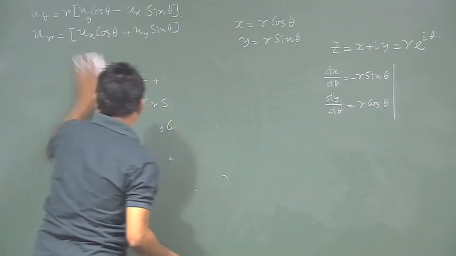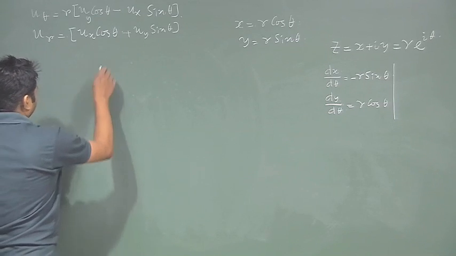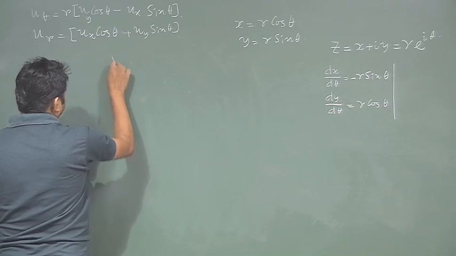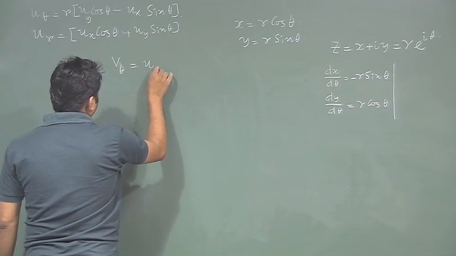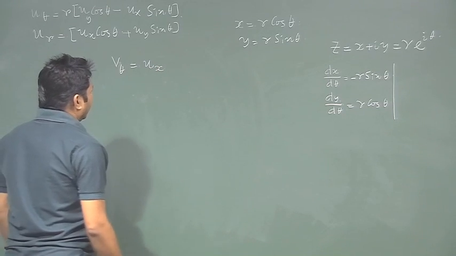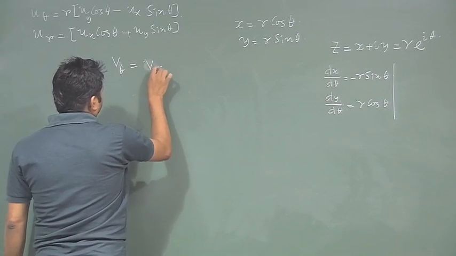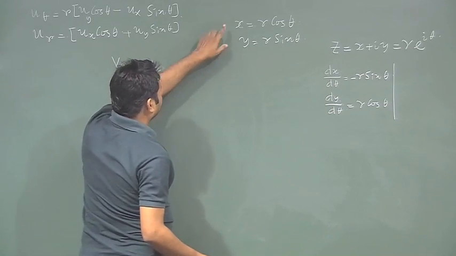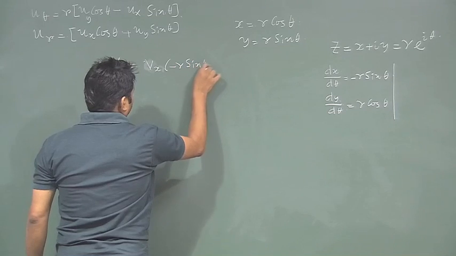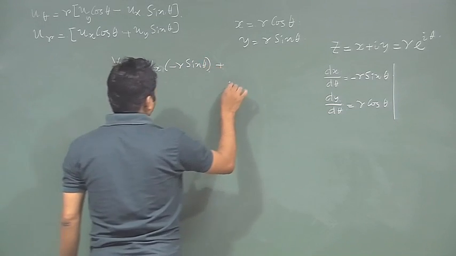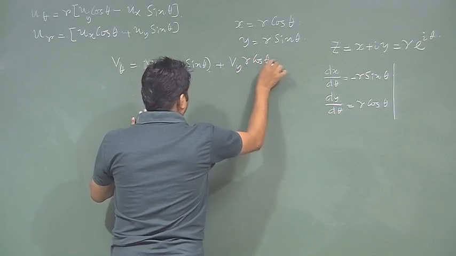Okay, I will do the same thing for v. If I do, then I will have two relations, and then compare, then it is done. In a similar way, if I write v theta, which is vx dx d theta, so minus r sin theta, plus vy r cos theta.